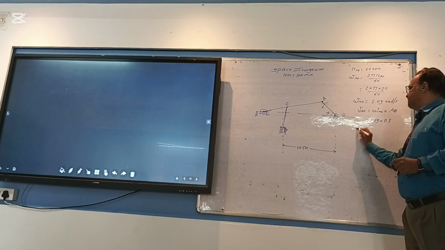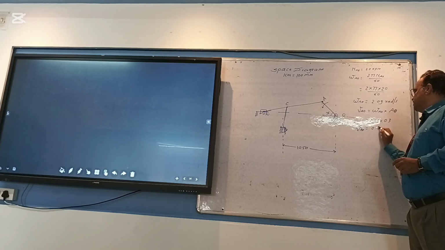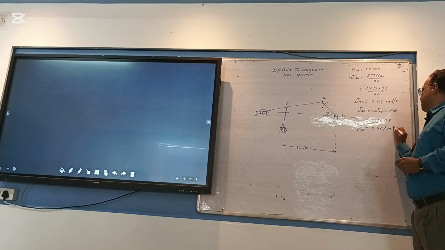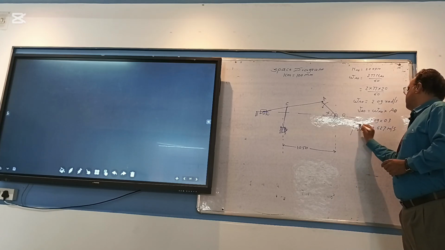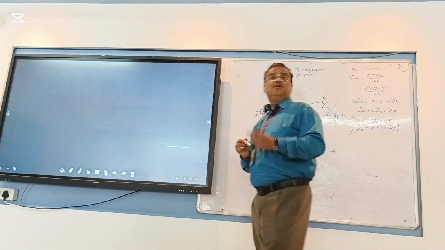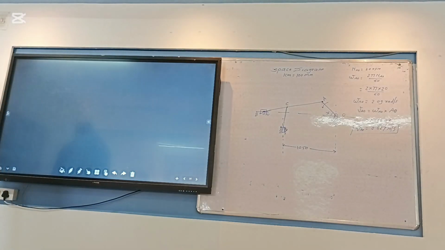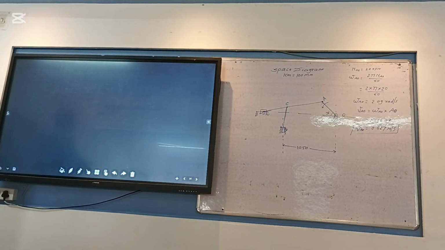How much it is? 0.627 meter per second. This is the velocity of crank. What I said, to begin with the velocity polygon, for your crank you must know the direction, you must know the magnitude of that link. Is that clear? Yes or no?